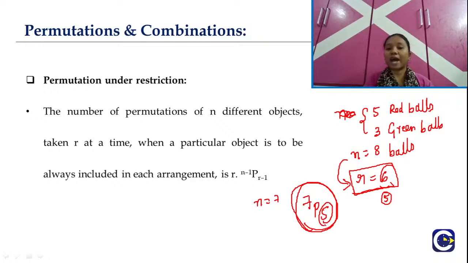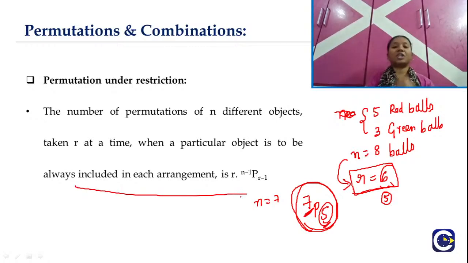I have to take those 5 from my remaining 7 balls, because one red ball is already included in my arrangement. So 7 is nothing but n minus 1 and 5 is nothing but r minus 1. So for this particular condition, our formula will be nothing but n minus 1 P r minus 1.